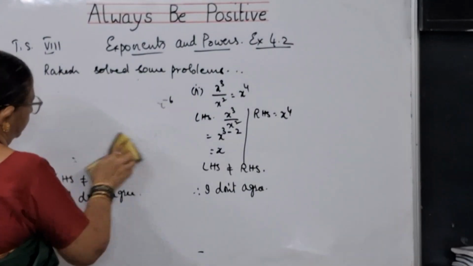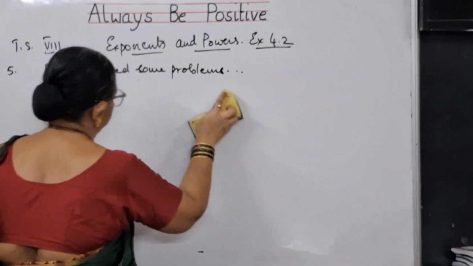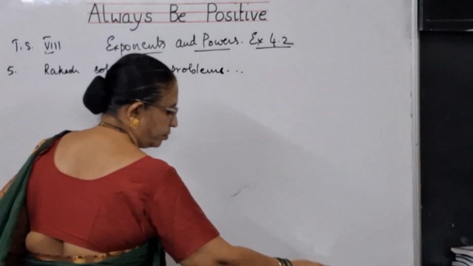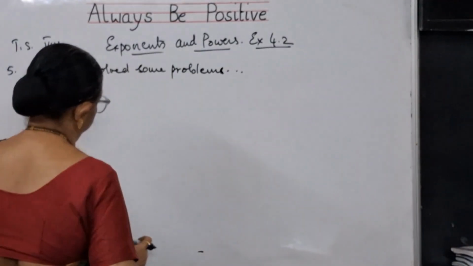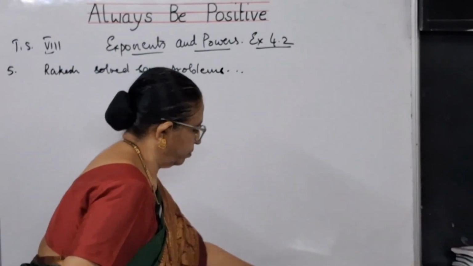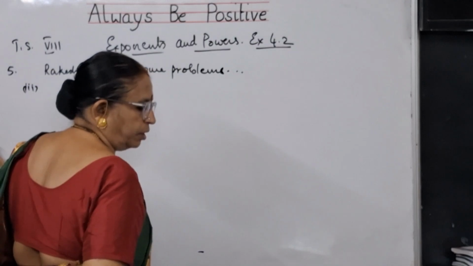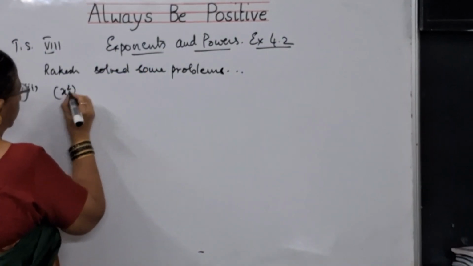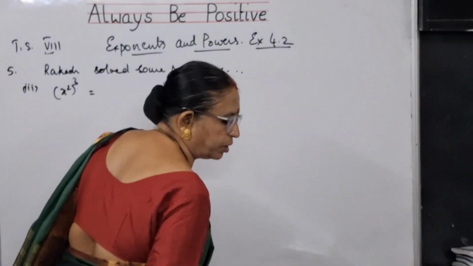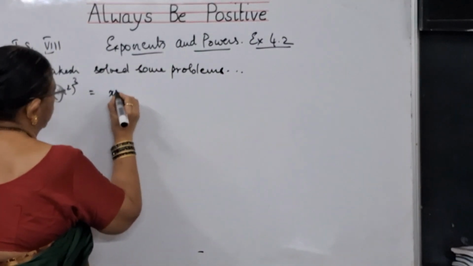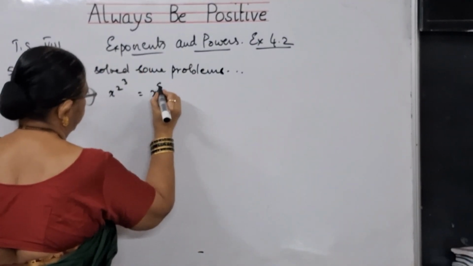Now, third bit. What is the third bit? X square whole cube is equal to x to the power of 2 to the power of 3, that is equal to x to the power of 8.